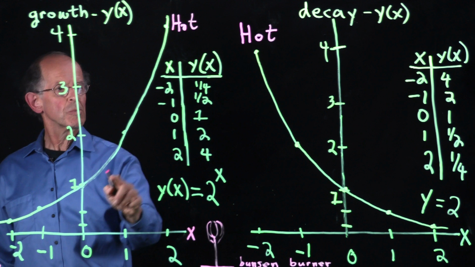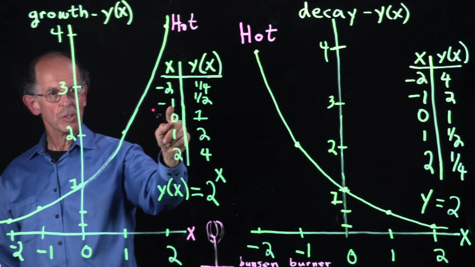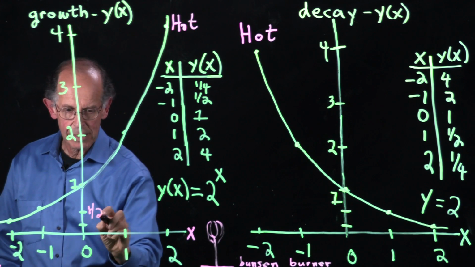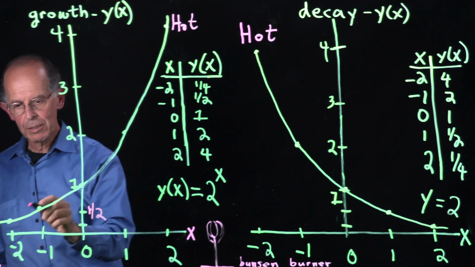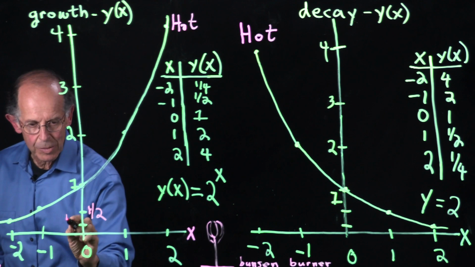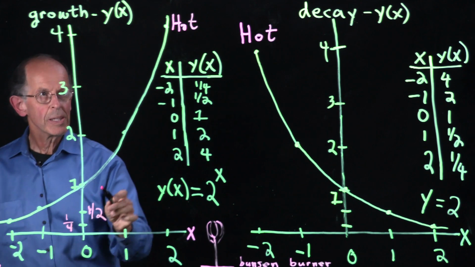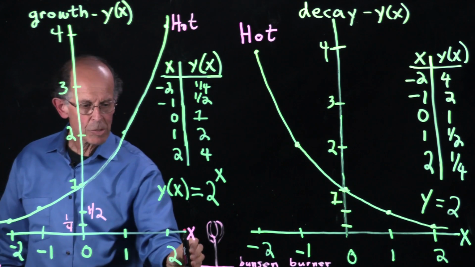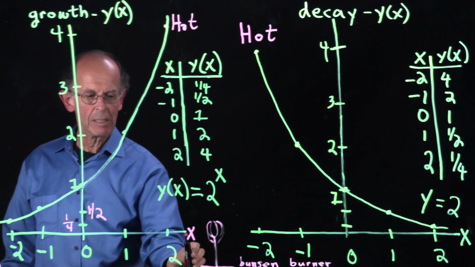And then we got to go to the negative numbers. 2 to the negative 1 is a half. That's a half right there. And 2 to the negative 2 is a quarter, halfway again. So let's put a quarter there. So that's the model as we go from hot to cold with the Bunsen burner at the right end of the rod.